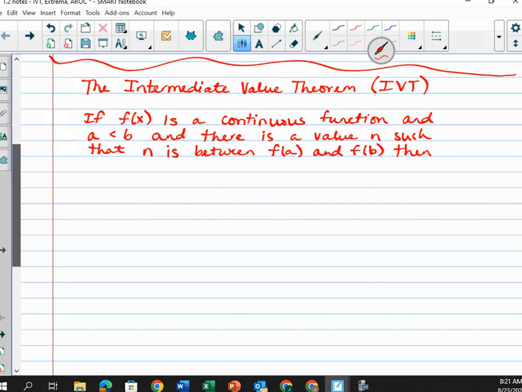then there exists a c such that a is less than c is less than b, and f of c equals n.